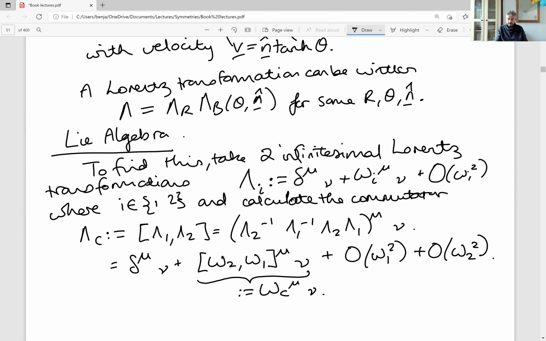So if we only had a single Lorentz transformation, I'm going to put this equal to omega c, okay? Now, often we're going to be interested in Lorentz transformations on quantum states.